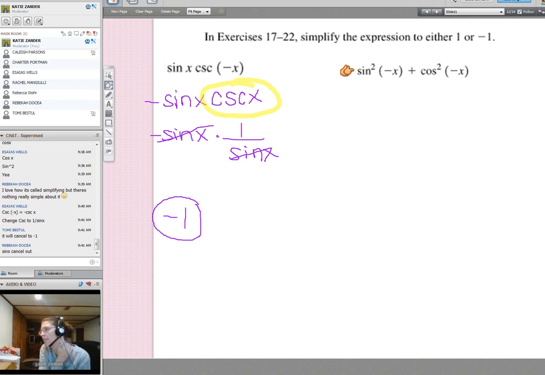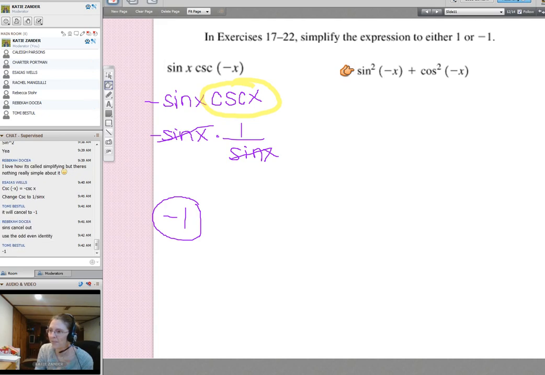Sine squared of negative x plus cosine squared of negative x. What is that going to equal? Ooh, possibly using the even or odd identities.